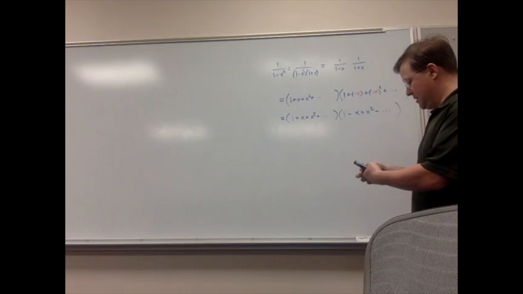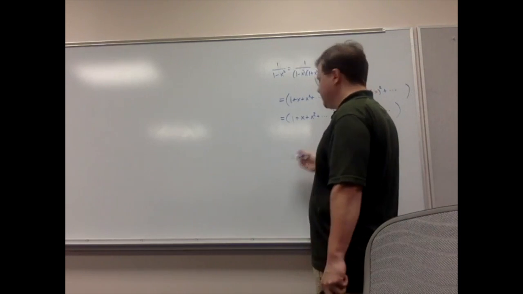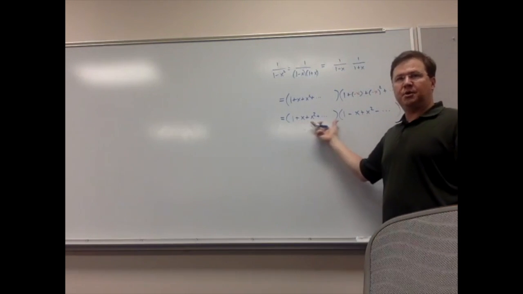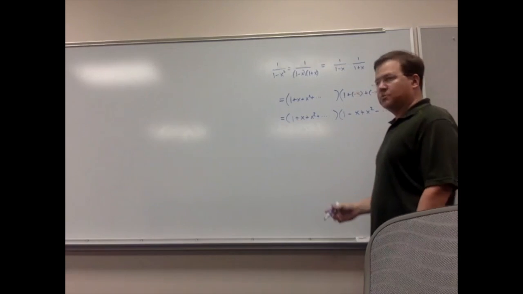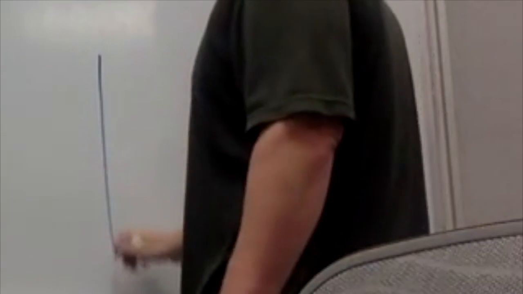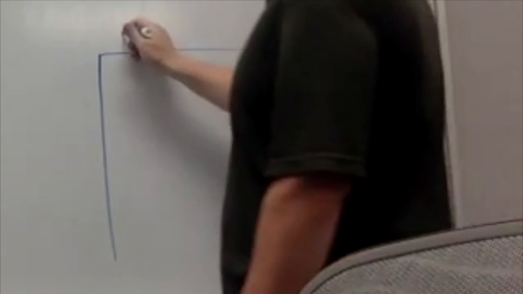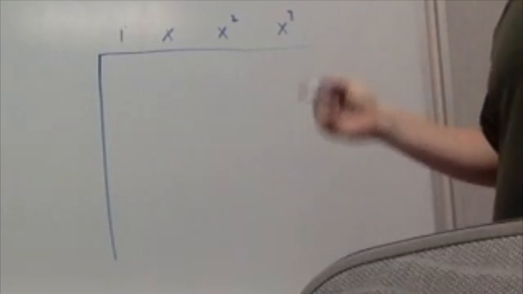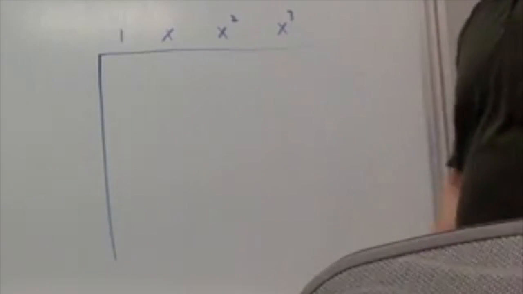But whatever the case is, sometimes when I'm multiplying two polynomials together, one way to represent that is with a table. Usually my table would be a nice box, but this one keeps going forever. I have things like 1, x, x squared, x cubed, and it just keeps on going, each with a coefficient of 1.